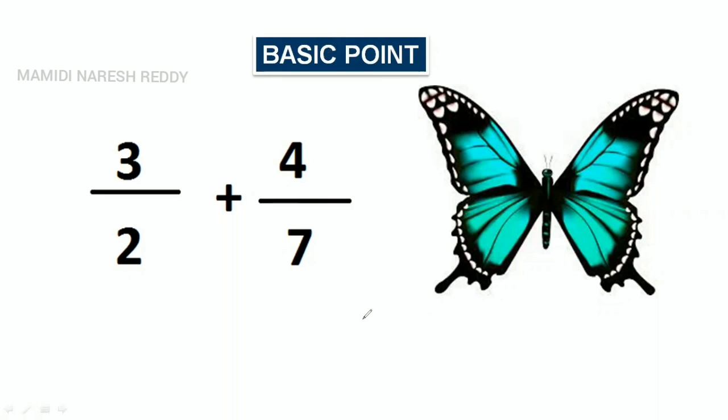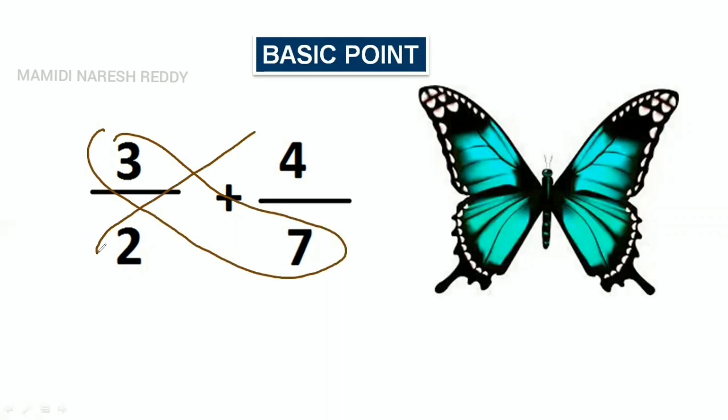I think you might have been practicing or solving problems with cross multiplication. Here also, my friends, we are going to do cross multiplication. Means these two should be multiplied, as well as these two.